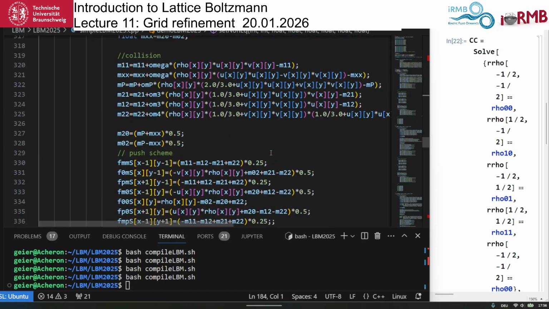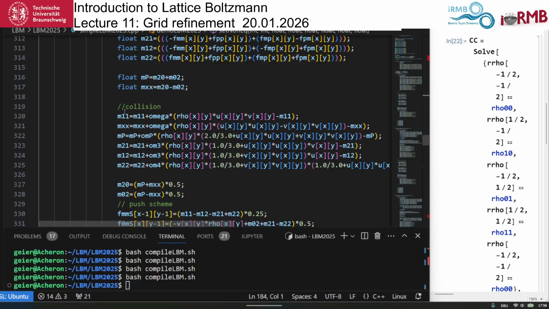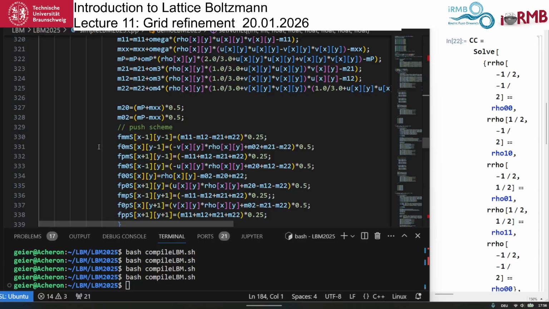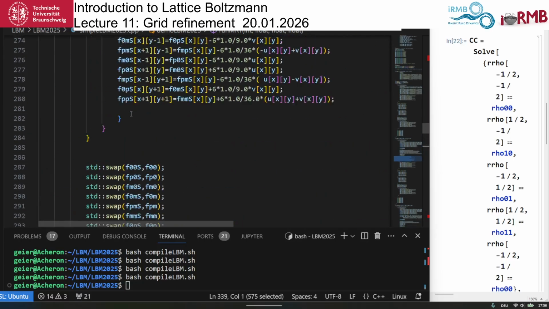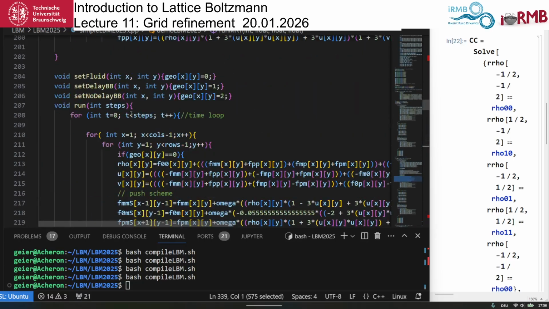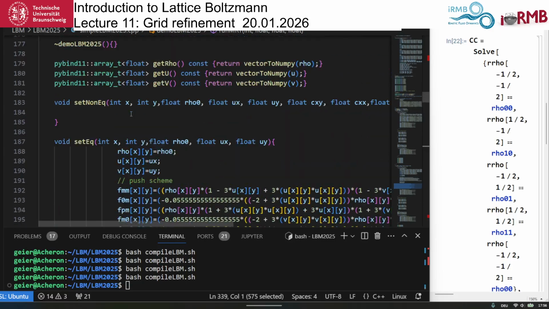Push scheme. Okay, so we implemented here. Okay, I think this looks similar to what we need, right? Let's start from this.